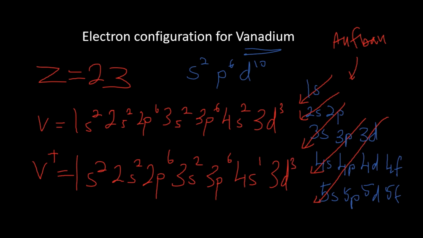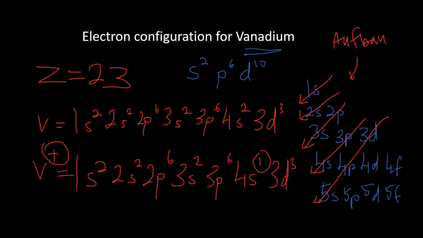So it has 4s1, 3d3, and that's the positive ion. You keep on removing electrons, 4s, then 3d, and 3p, 3s, as the oxidation state increases.